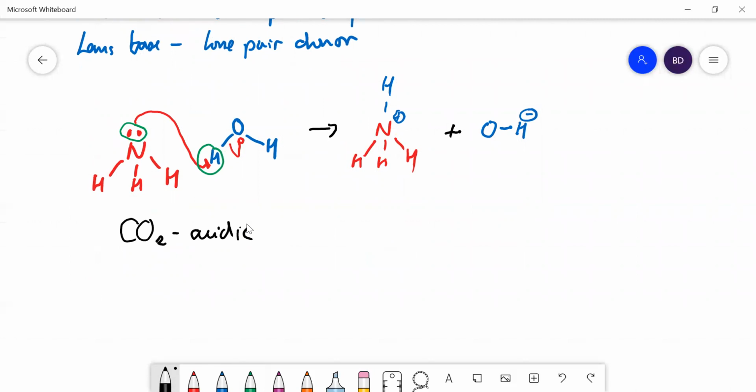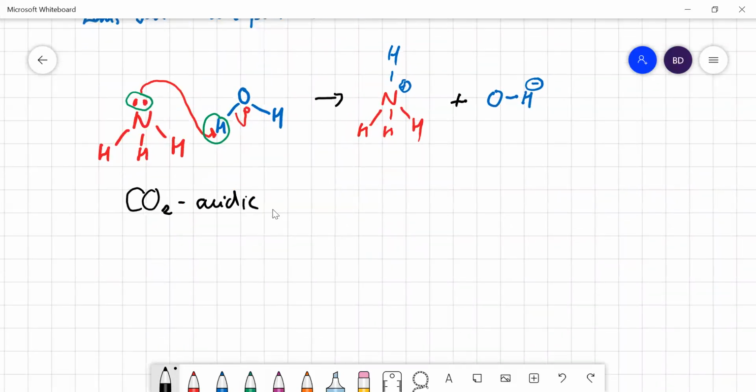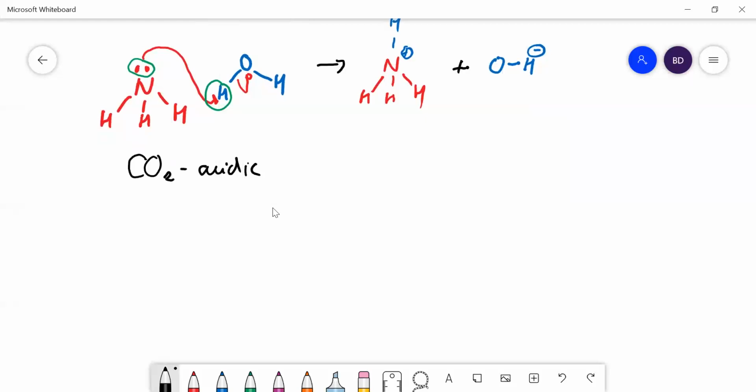So if we look at the bonding in carbon dioxide, it's like that. And when you dissolve carbon dioxide in water, you end up with a solution of carbonic acid, which is a very weak acid, but it's acidic and gives the water a pH of about 5. Rainwater will have a pH of about 5. Let's see how carbon dioxide is going to react with water.